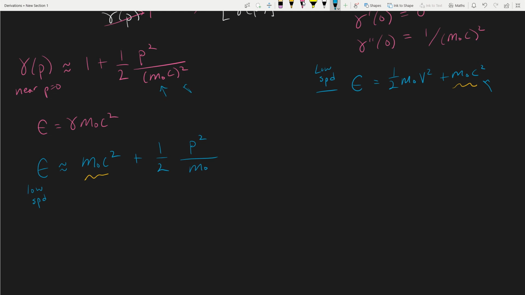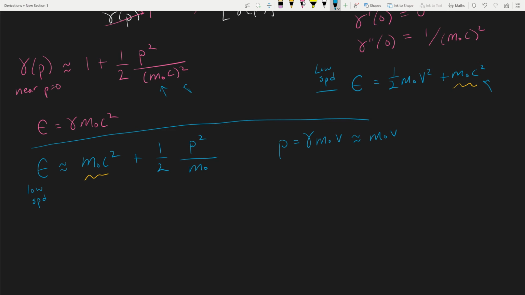All right, so the last step is another really cool little feature here: the momentum, if you recall, we derived in the first video, is equal to gamma m naught times v. Now, at low speeds, this is all, the blue is kind of the low speed approximation stuff, approximately equal to m naught v.